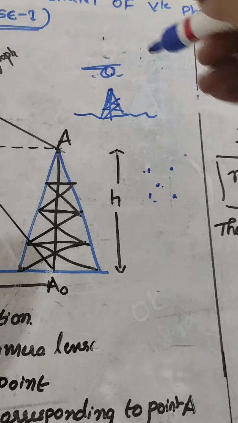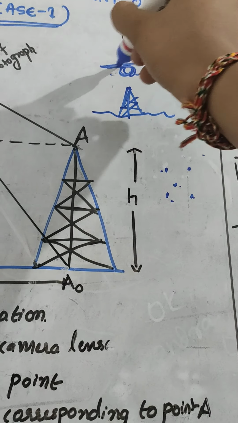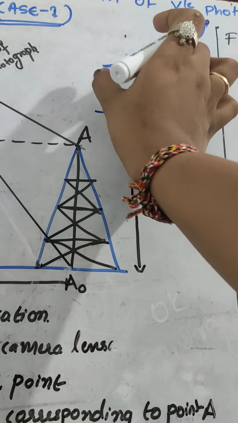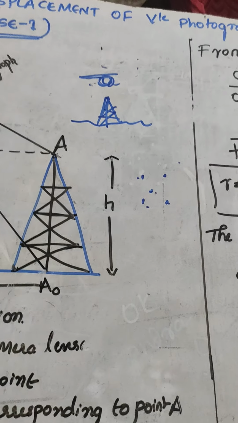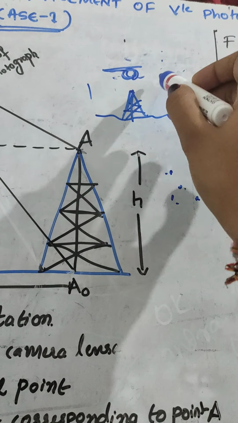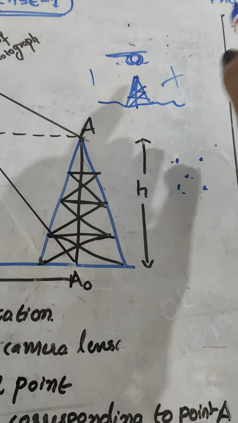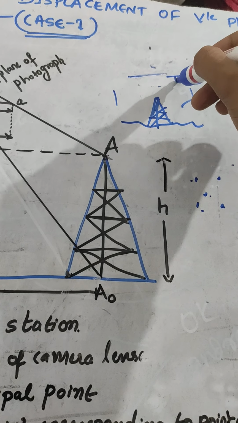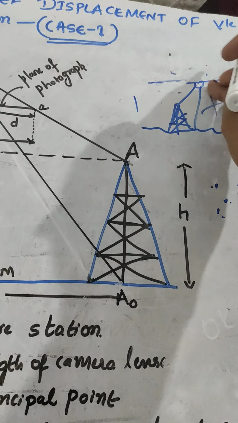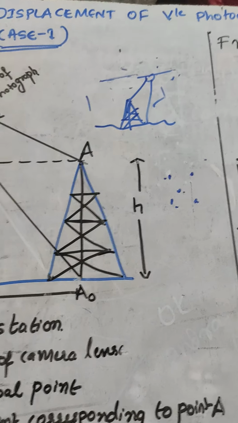But what happens when the plane is taking the photograph from the side, either this side or this side? Let us consider this side. That is, the plane is here, the lens is here, and from here the photograph is being taken.